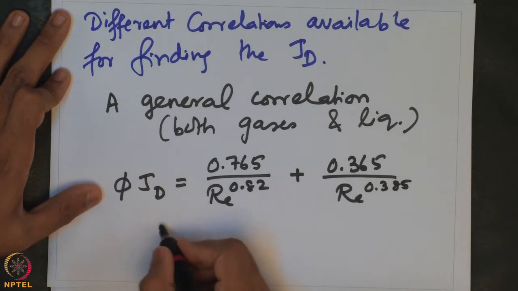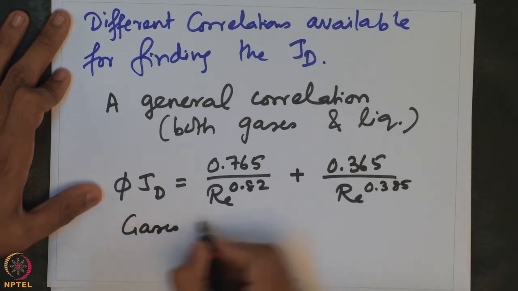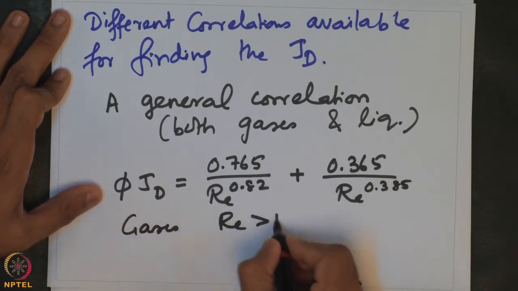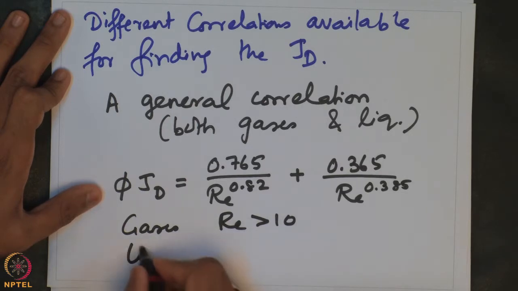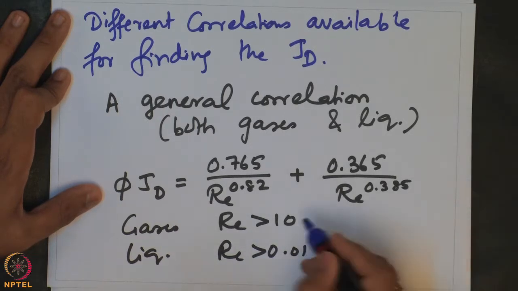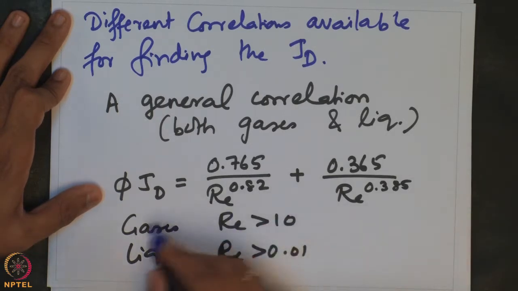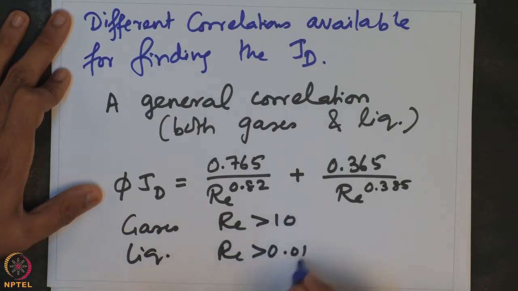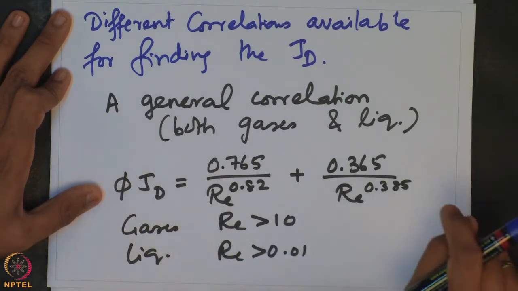And this is typically valid for gases when the Reynolds number is greater than 10, and for liquids when the Reynolds number is greater than 0.01. And normally when the reactor is operated, the Reynolds number for gas streams is typically more than 10, and for liquids is typically more than 0.01.